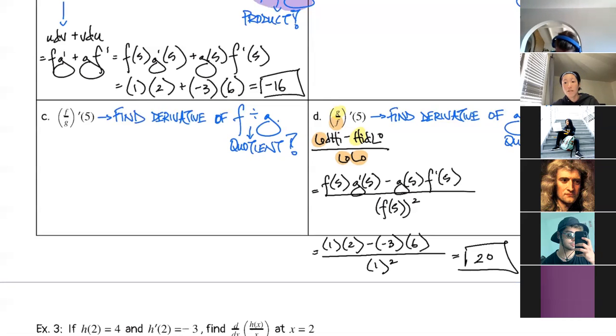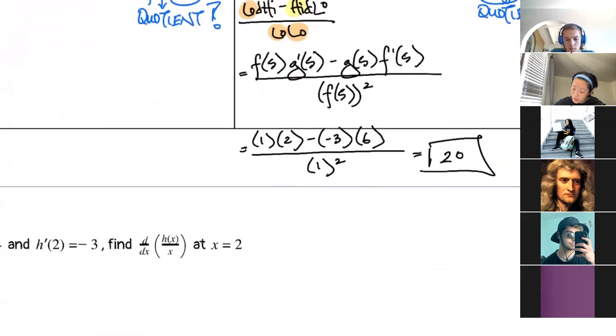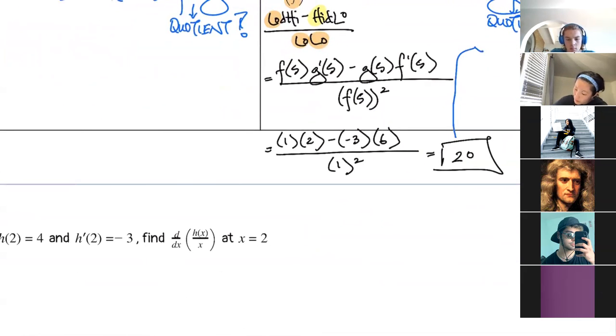Okay, so that 20 is the slope. But the slope of what? Let's be a little bit more specific. Maybe I'll write this out so we have some sort of framework to go back to. So this is the slope of something at x equals 5. Secant line? Let's be careful about our vocab here.